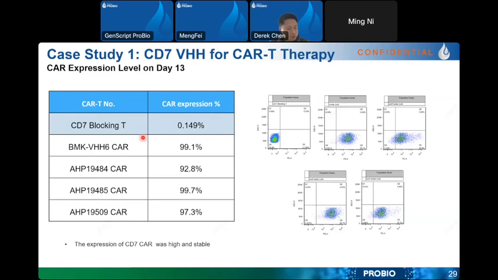In addition to the retention of the CD7 marker, the expression level of the anti-CD7 VHH CAR was also monitored by flow cytometry. All top 3 candidates and the benchmark showed a 90% plus expression rate.